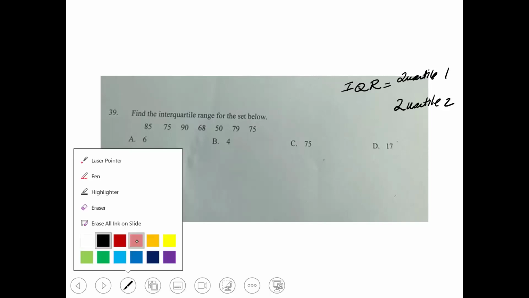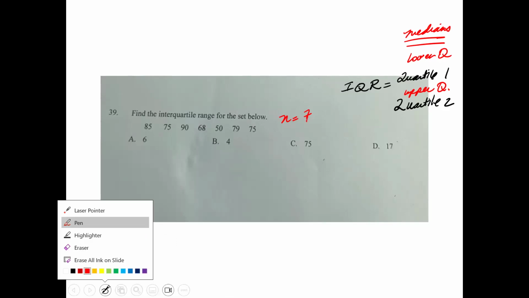Another way of writing that is lower quartile and upper quartile. So what that means is it's all about medians. Doesn't make any sense right now, but how many numbers do you have here?